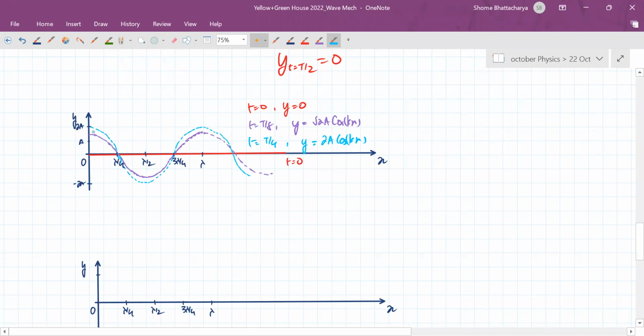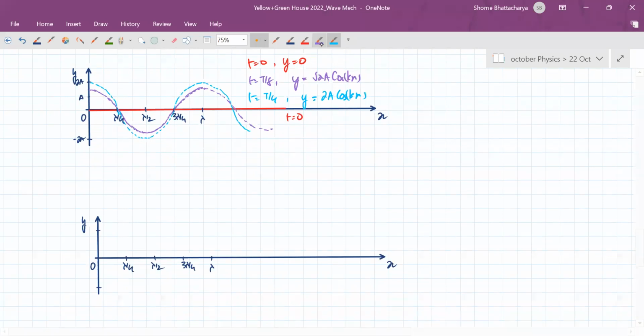You can see how it has changed. Now if we carry that on, it comes back to root 2a cos kx at t equal to 3T by 8.